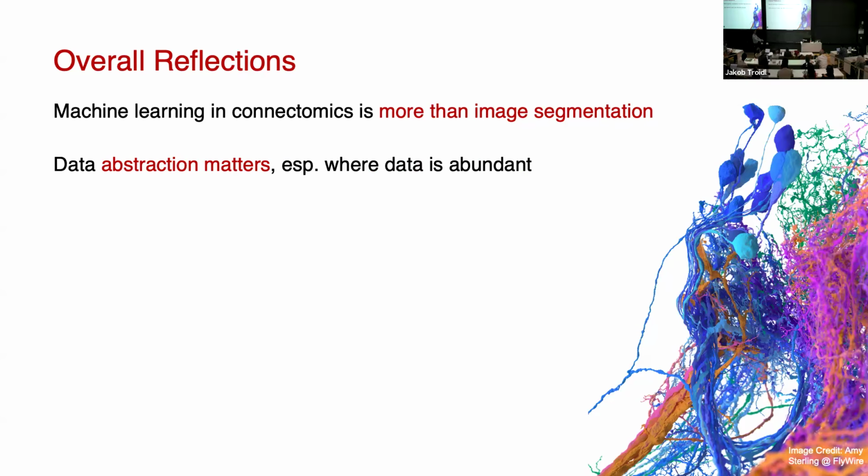Is looking at the microscopy data actually useful, or does it just make my system much harder to use? Or is it enough to look at the graph circuitry? These different data abstraction levels call for very different algorithmic approaches, but also different biological questions may require different data sources. And it's important to think about that beforehand.